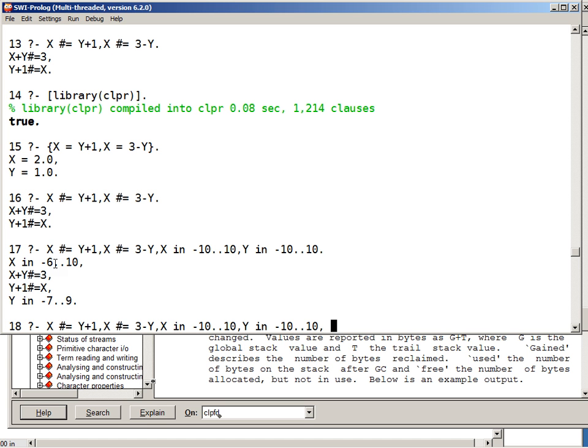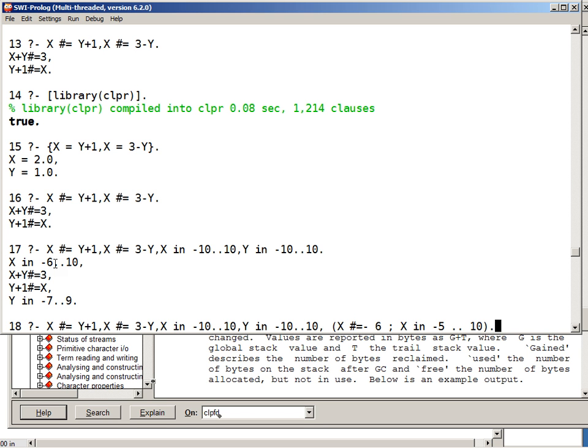I'm going to create alternatives. x being between -6 and 10 can be perfectly equivalently written as x being equal to -6 or x in -5 to 10. I'm going to say it's the same thing. What difference does it make? It makes a difference. Now it creates two separate search processes: one where x is equal to -6, and one where the domain has shrunk.